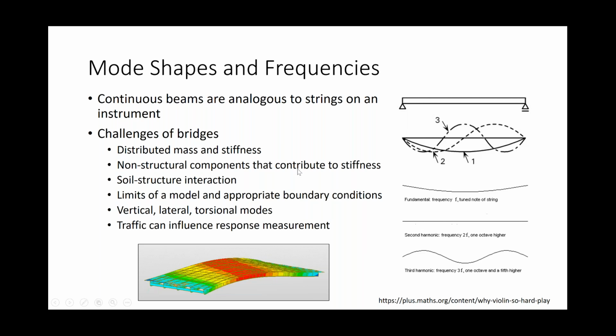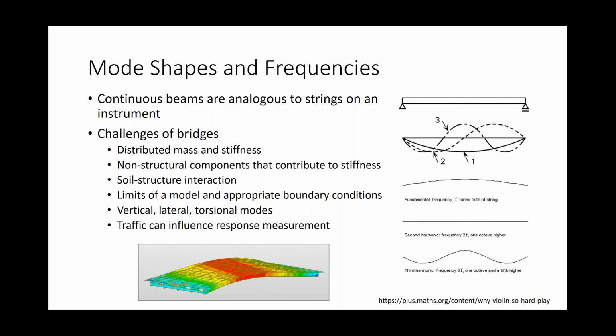So with all that background, one of the challenges of bridges is that their mass and stiffness are distributed not in very clean ways. So analytical models end up really averaging out a lot of the complexity that we might see in a structure. So one of the best ways of getting the modal frequencies and shapes for a structure is to develop a very detailed model.